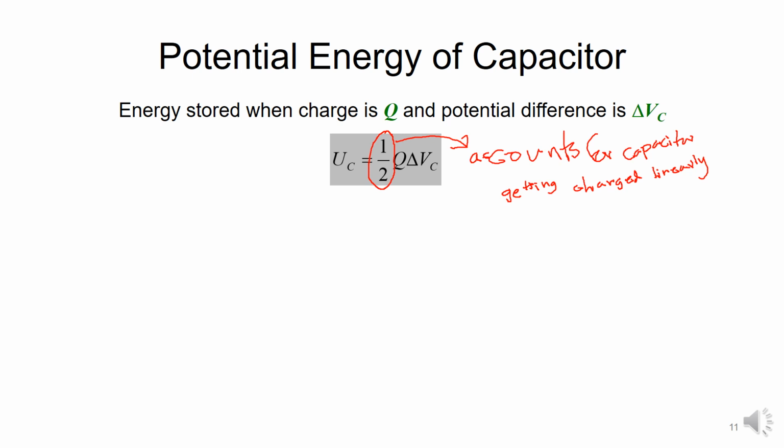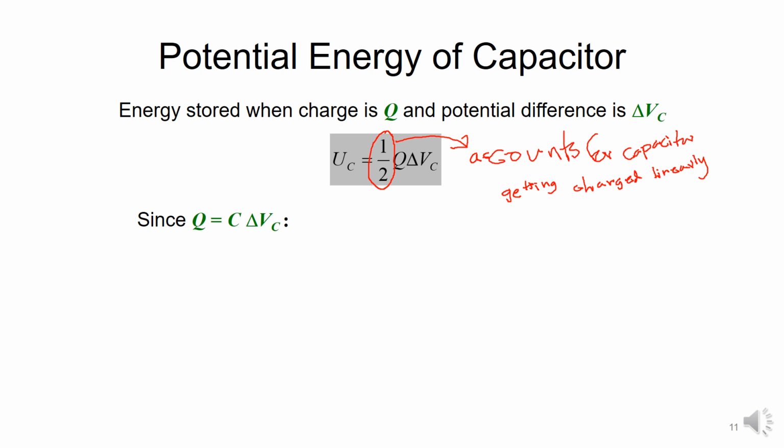That's what the factor of half tells us, that the capacitor builds up charge from 0 to 100% gradually, it doesn't happen instantly. So that's the equation for the energy in a capacitor.